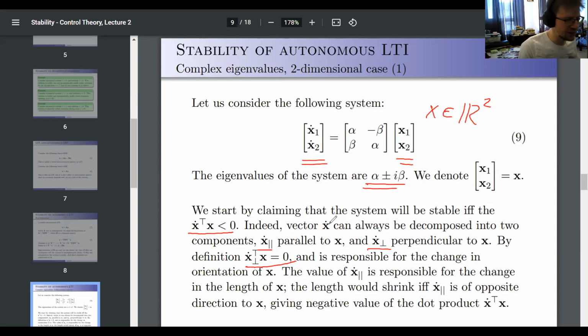I will explain it in a second. The parallel value is responsible for the change of length. And the length would shrink only if they have opposite sign. Hence, the dot product should be negative. So they look in opposite directions. Let me draw now, and you will see what I mean.